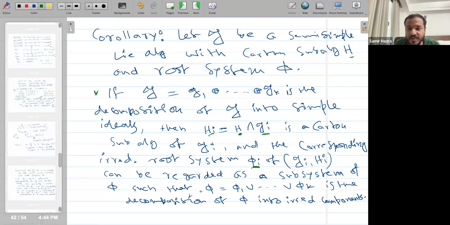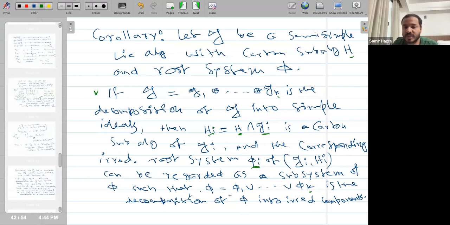Then Phi is actually nothing but Phi can be written as Phi_1 union up to Phi_k. So Phi can be written as a union of Phi_1 up till Phi_k, where Phi_i is the root system of these individual G_i, H_i, individual components here.